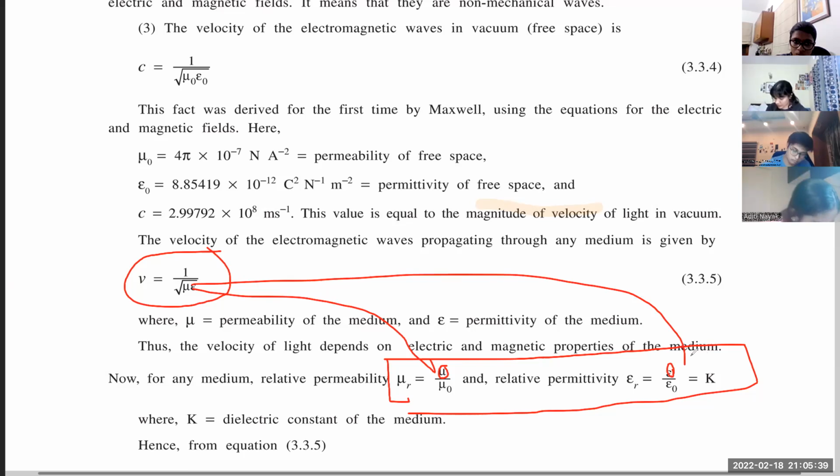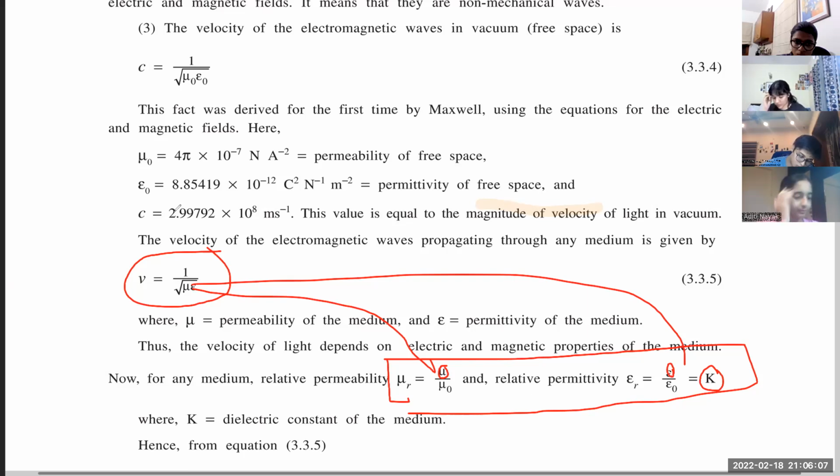Okay, in electrostatics that ratio has a special name called dielectric constant, or relative permittivity. In magnetism it is relative permeability. जो इसका यूज ऐसे होता है कि suppose there is a medium which has relative permeability 3 times, that means उसका mu कितना होगा, 3 into vacuum का.